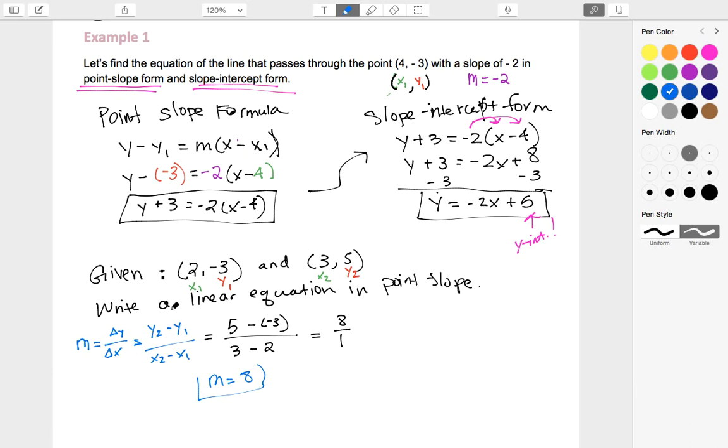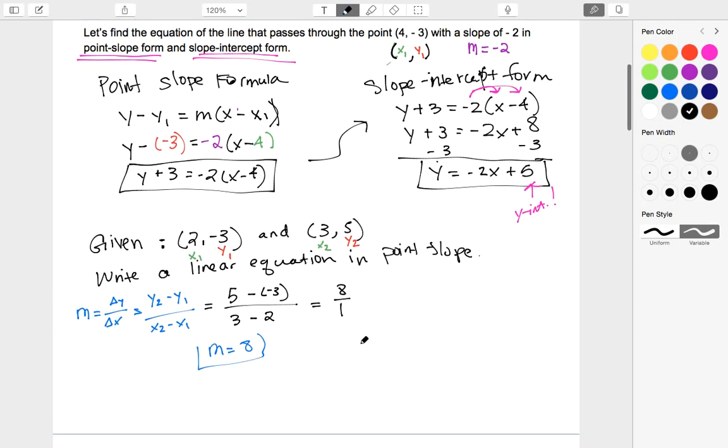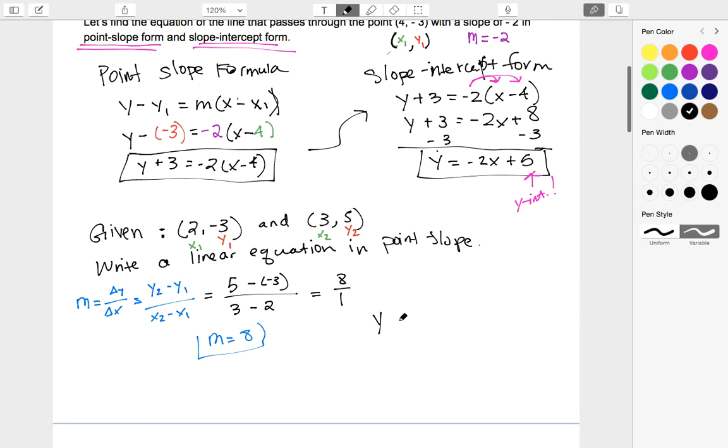Now, if we need to write a linear equation in point slope form, then remember, we just need to have a point and a slope. So we have the slope, and we were given 2 points, so we can pick one of them. So we can go ahead and write the structure where we have y minus y1 equals m times x minus x1. Okay, now since we already identified this point as x1 and y1, we can just use that and substitute it in.